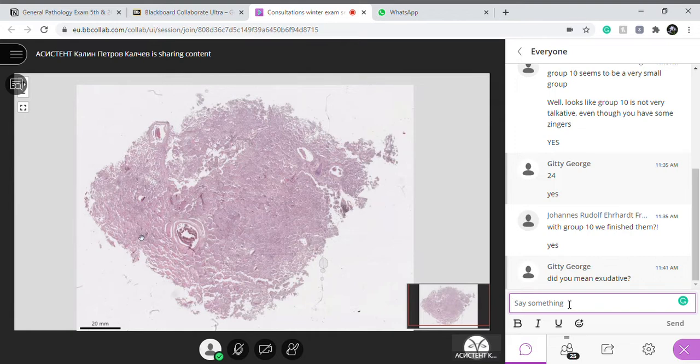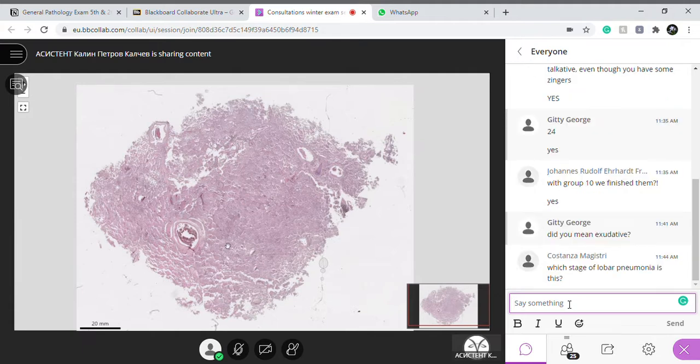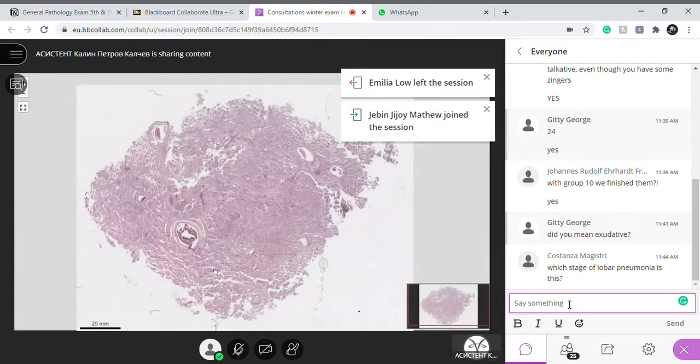Well, this is not an absolute sign of lobar pneumonia, because you saw that in the previous slide there were no airborne alveoli as well, but anyway, this is a lobar pneumonia. The Kruppe's pneumonia usually affects a whole lobe or a whole lung, so we define this as lobar pneumonia. Is that clear for you?